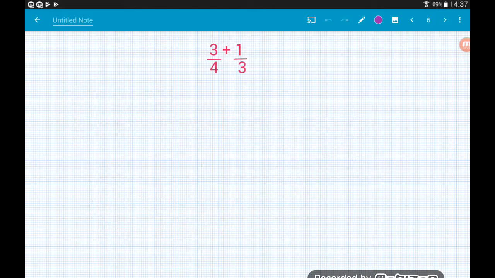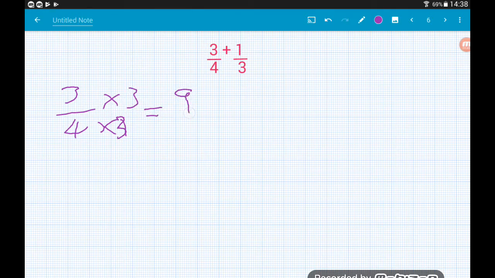Okay, 3/4 add 1/3. So the lowest common multiple of 4 and 3 is going to be 12. So we need to convert each fraction into 12s. So to turn 4 into 12, we multiply it by 3. So we do that top and bottom, and 3 times 3 on top is 9.